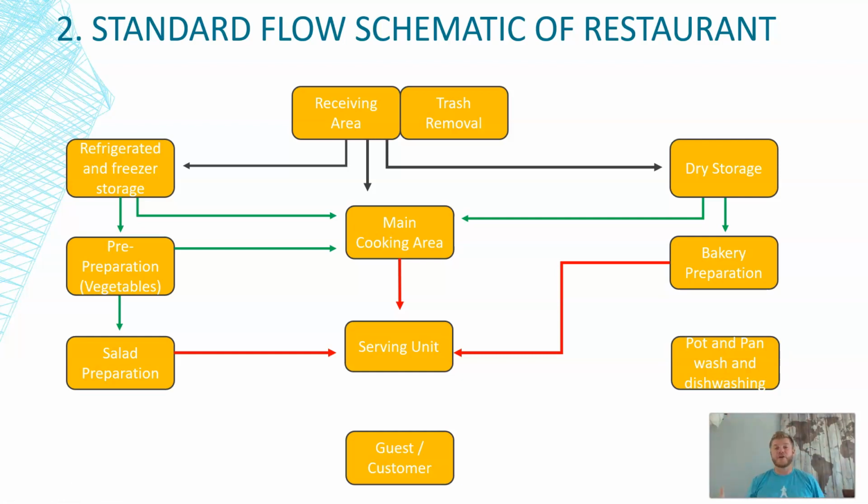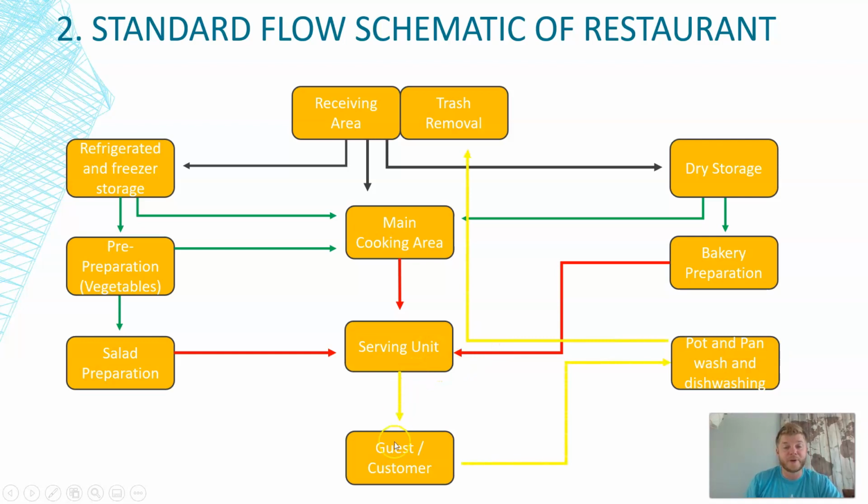Or this could be a larger area where the chef adds those garnishes and those special little extras at the end. Basically, all 3 of these areas must have a clear traffic flow to the serving unit. So the main cooking area, food can go up there, but then also salads can come over, and bakery prep and stuff can come over as well.